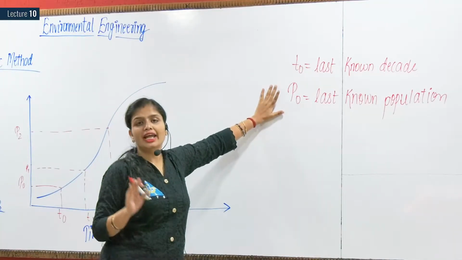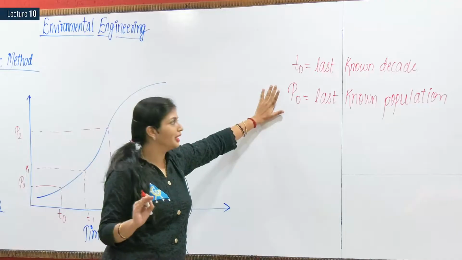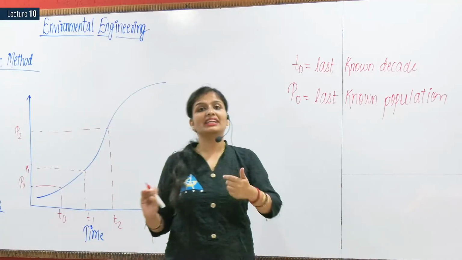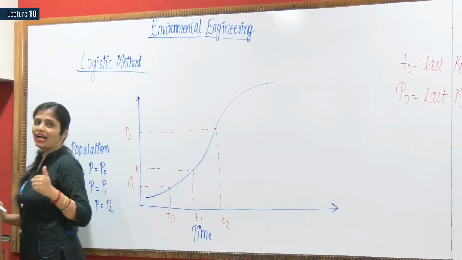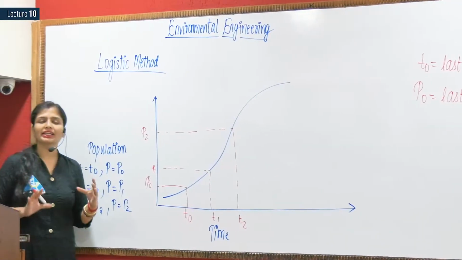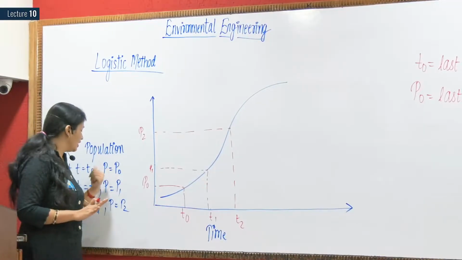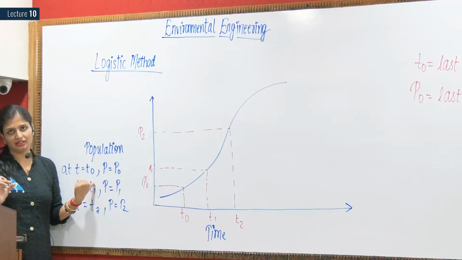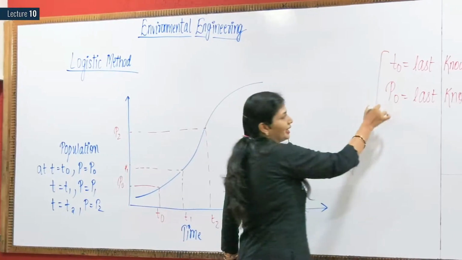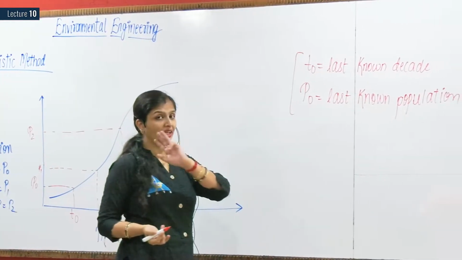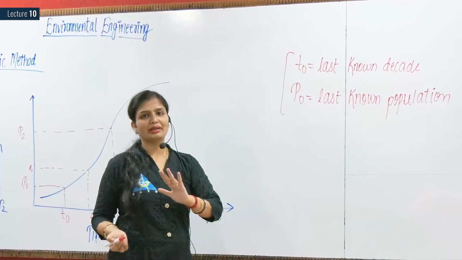But here in the logistic method, t naught will be the base year. Although after t naught you recorded the data at t1 and t2, all the calculations will be done with respect to the base year. This was done in geometric increase, incremental, and arithmetic methods. I have repeated it thrice, so don't ever make mistakes in this.